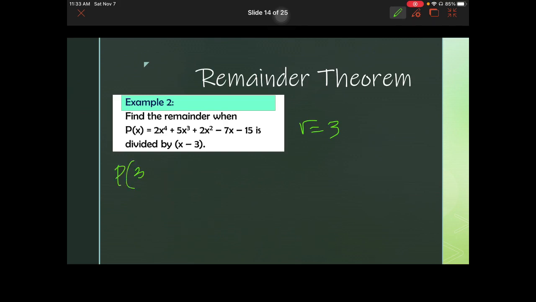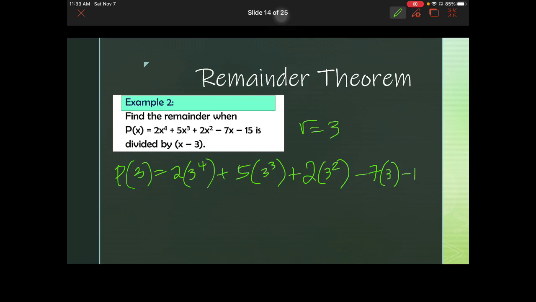So, we will have 2 times 3 to the fourth, plus 5 times 3 cubed, plus 2 times 3 squared, minus 7 times 3 minus 15.